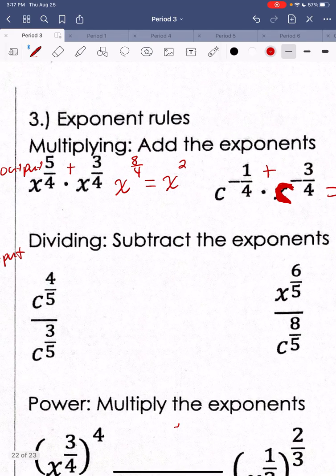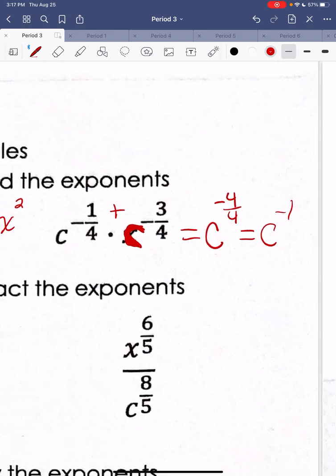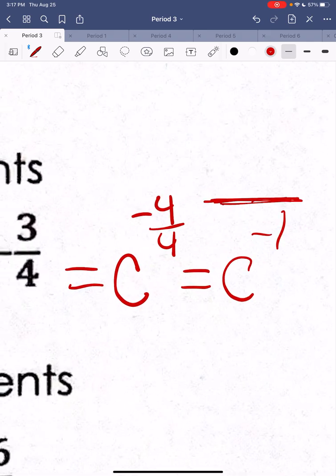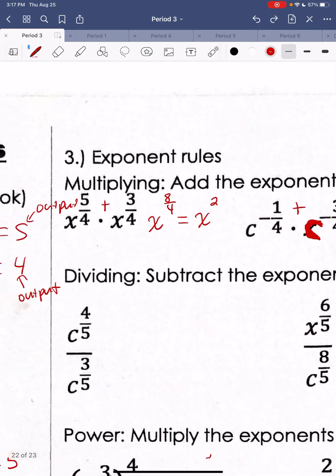If your test did not accept negative exponents, you would rewrite it by making it a fraction with a 1 on top and just kind of getting rid of the negative sign. So you would really be left with c to the first power or just c. Either one of those is an acceptable answer.